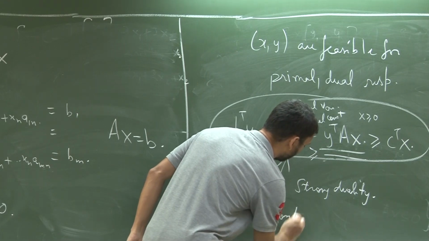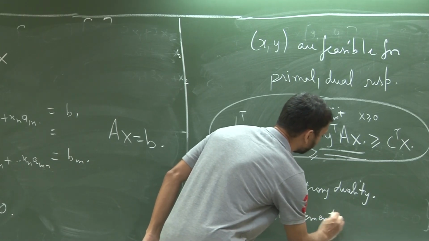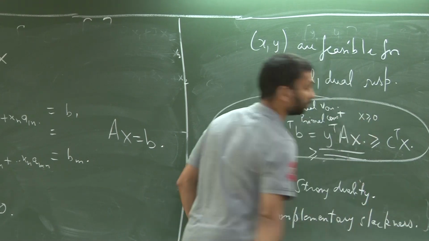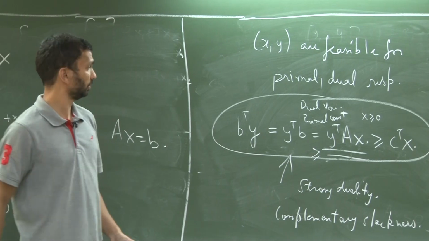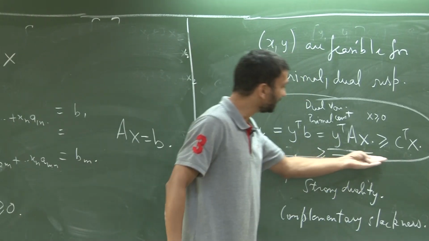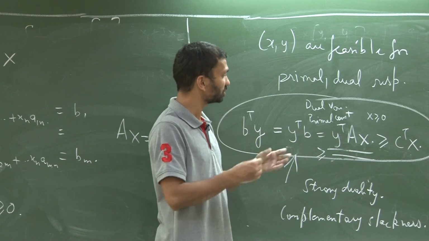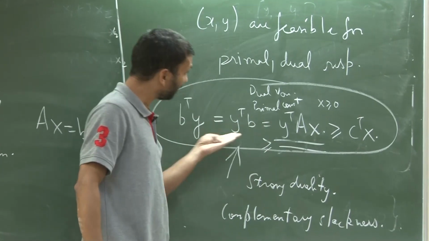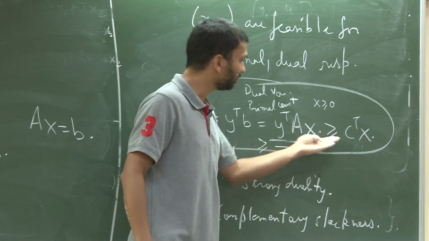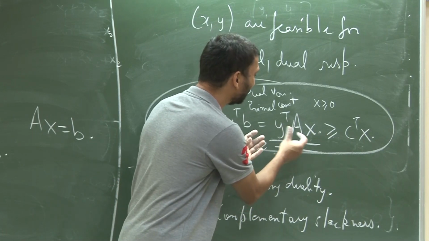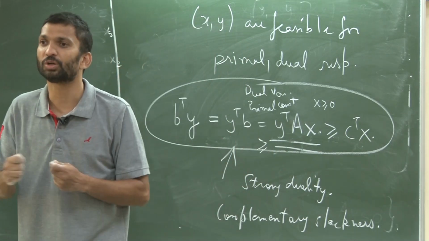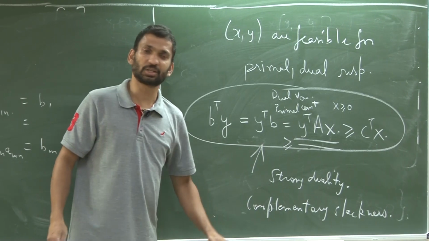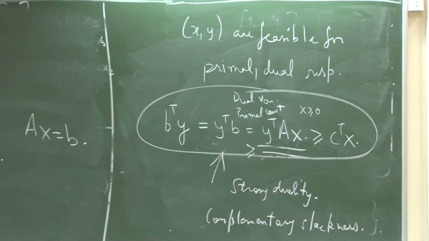That is called complementary slackness. And we will talk about it. So once again, if there are x0 and y0 for which this side is equal to this side, then everything has become equal. And if everything has become equal, there is a very nice relation, there are properties of x0 and y0 which we can infer from that. That's called complementary slackness. This is the topic for next class. Thank you.